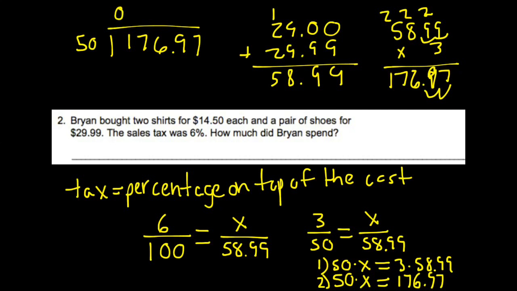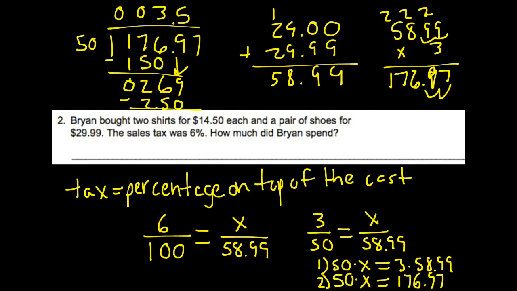50 can't go into 1, it can't go into 17, it can go into 176 3 times. 3 times 50 is 150. 6 minus 0 is 6, 7 minus 5 is 2, 1 minus 1 is 0. Bring down the 9. 50 goes into 269 5 times. 50 times 5 is 250. 9 minus 0 is 9. 6 minus 5 is 1. 2 minus 2 is 0.